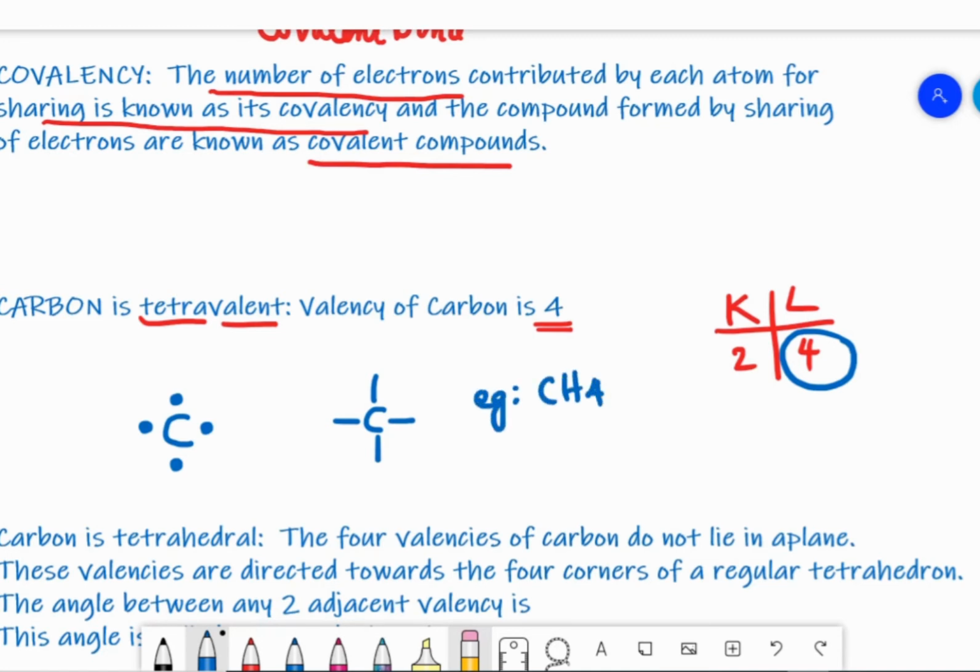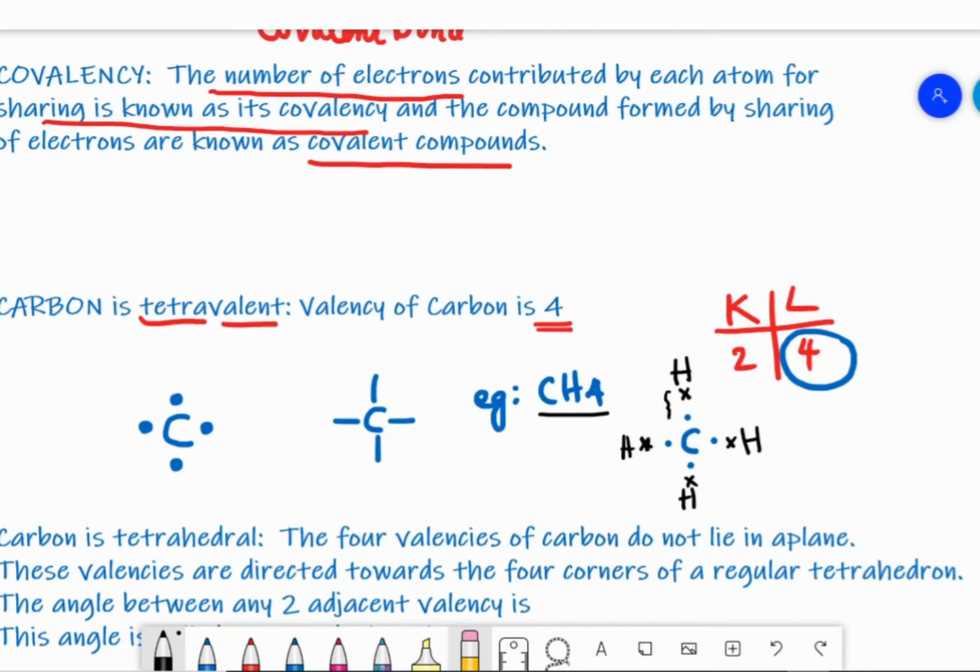CH4, carbon has 4 electrons in its valence shell, which I represent using dots, and hydrogen has only 1 electron, which I represent using a cross. This is hydrogen's 1 electron. I have taken 4 hydrogen atoms because the structure explains CH4; there are 4 hydrogen atoms in the structure. Each hydrogen shares its 1 electron with the carbon atom and forms a carbon-hydrogen bond.